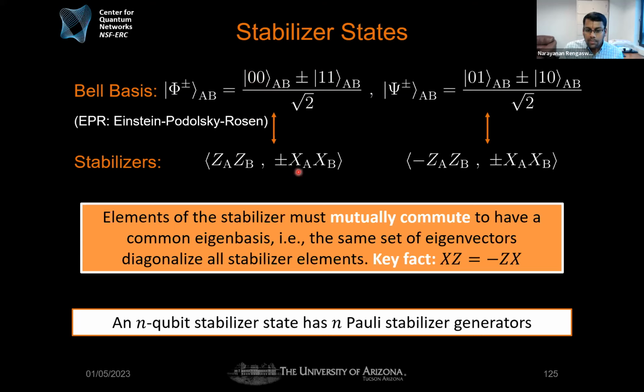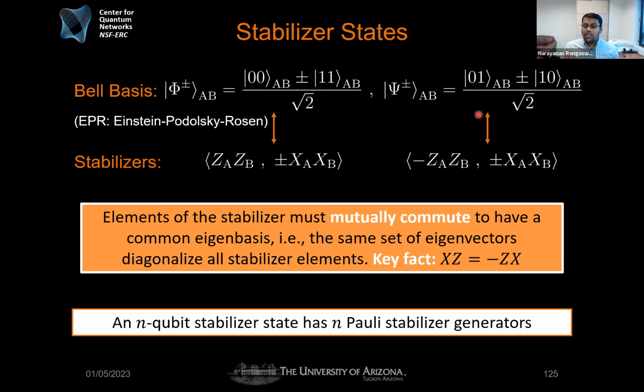If you take plus X Kronecker X, then phi plus will be a +1 eigenstate. Similarly, if you take minus X Kronecker X, phi minus will be a +1 eigenstate. And similarly here, you fix the sign of Z Kronecker Z as minus. And again, if you apply plus here, the psi plus state will be a +1 eigenstate. And if you take a minus here, the psi minus state will be a +1 eigenstate.